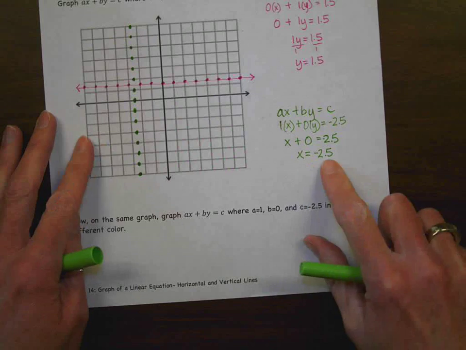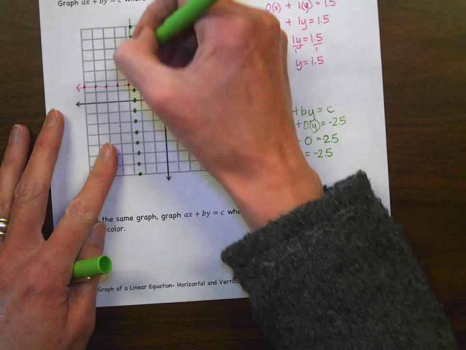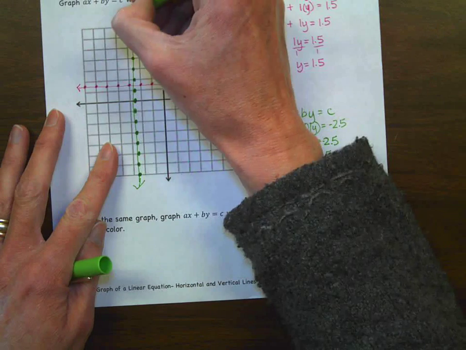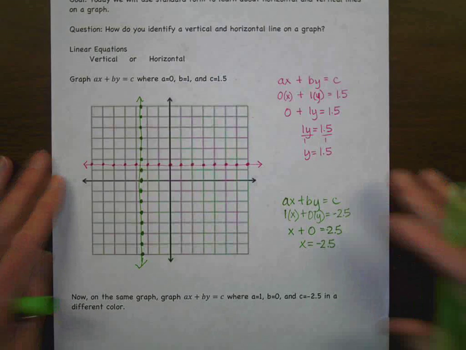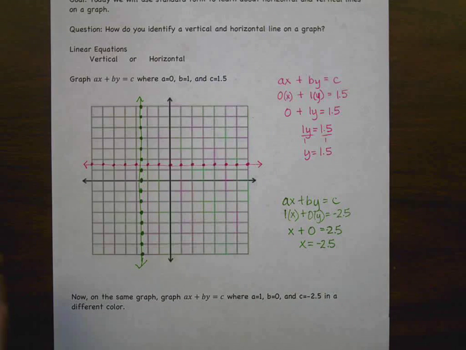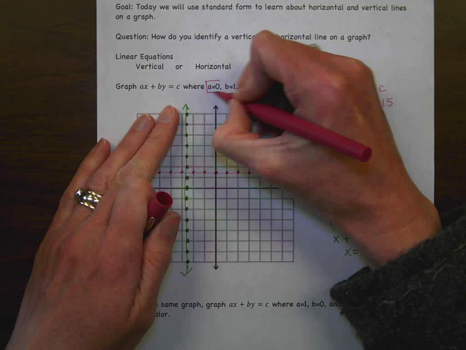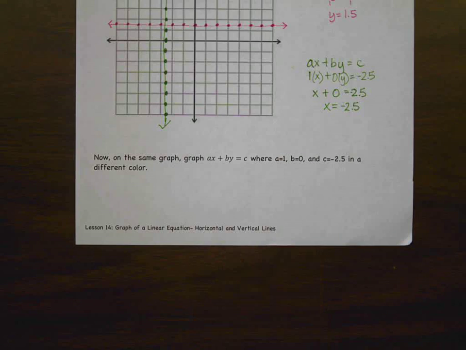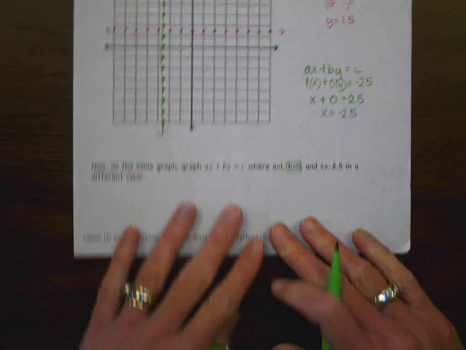Because it says every single time that x is negative 2.5, and when you do that, what do you notice shows up on our graph? A vertical line, okay? What we learned by using the standard form and plugging it in is that on the one above, the a value was 0, and on the one below, the b value was 0.